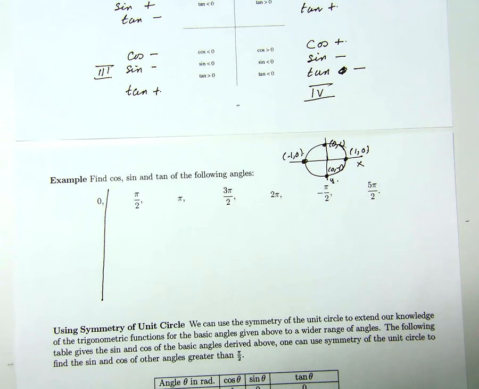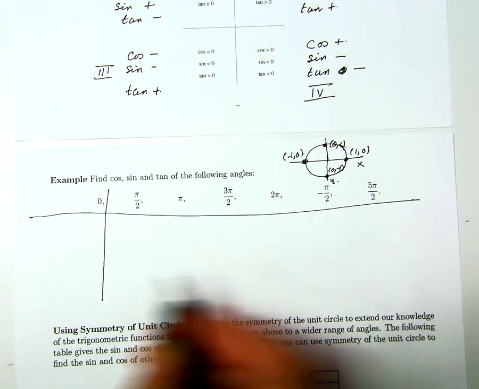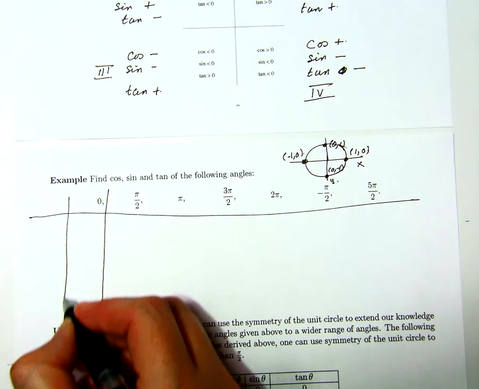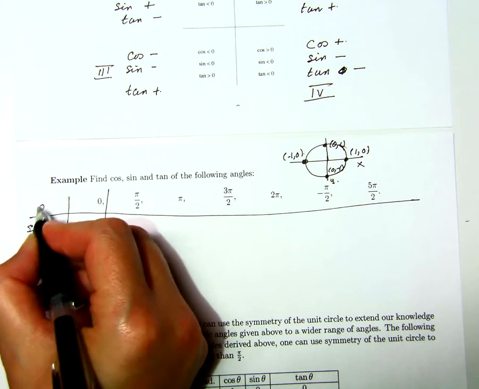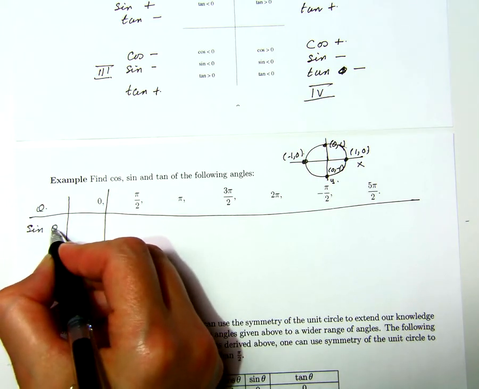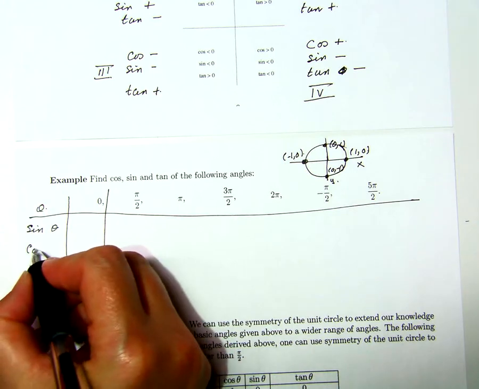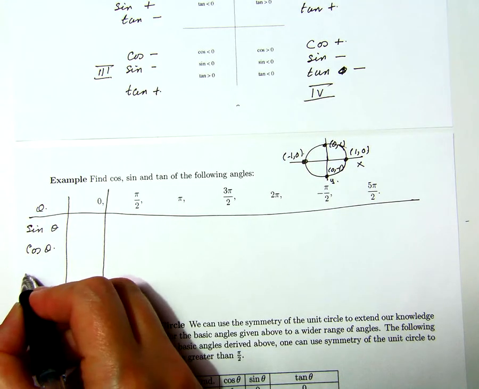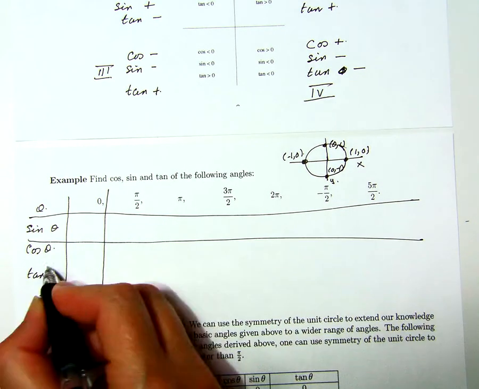And so let's think about sine, cosine, and tangent of these angles. In order to do that, we just need to figure out where the terminal ray of the angle is. So we're looking for sine theta, cosine theta, and tangent of theta of each of these angles.